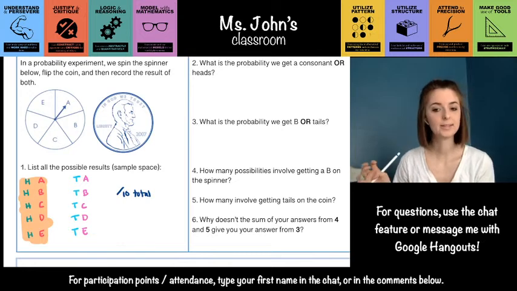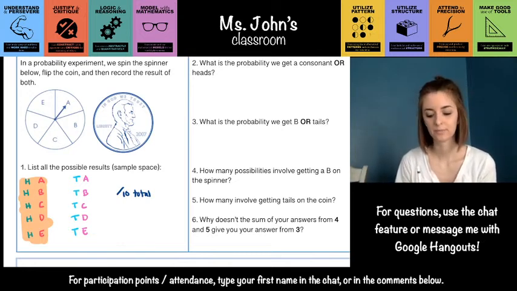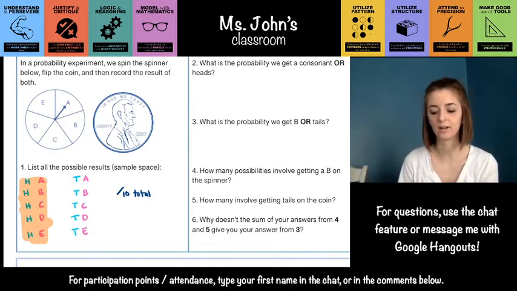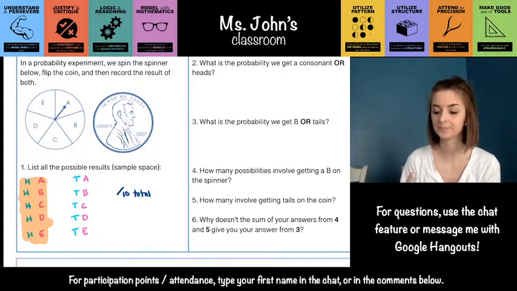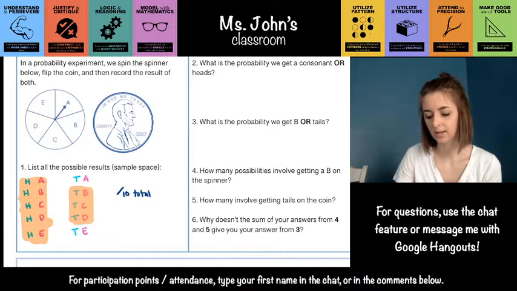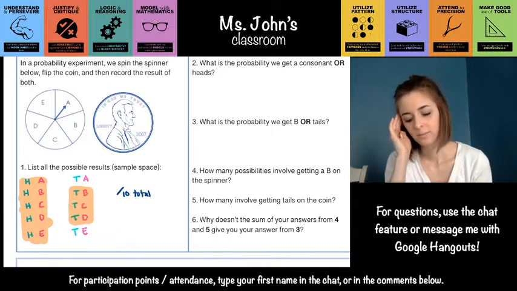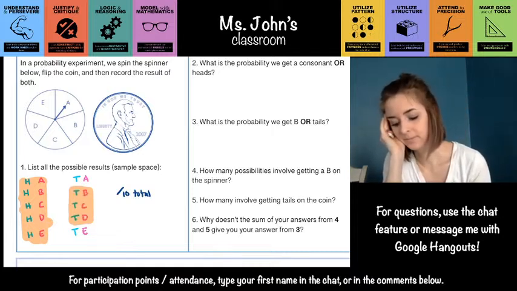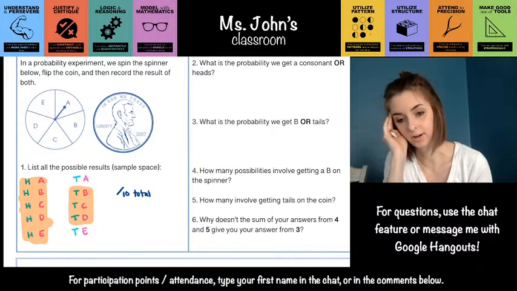So all of the heads are good because that means heads occurred and therefore it's a favorable outcome. Now consonants start to include B, C, and D with the tails, because we're okay if only one of them occurs, right?